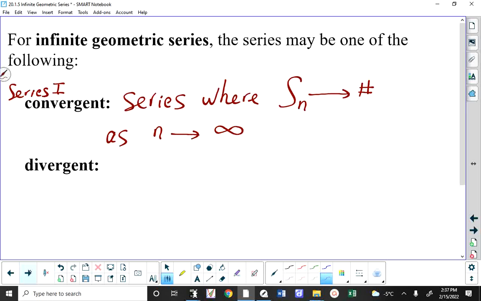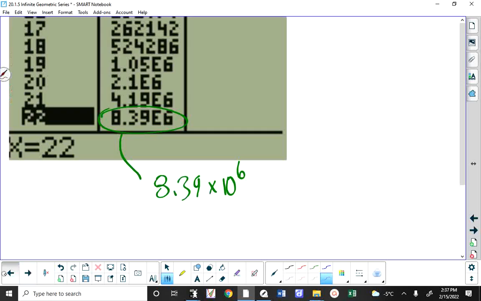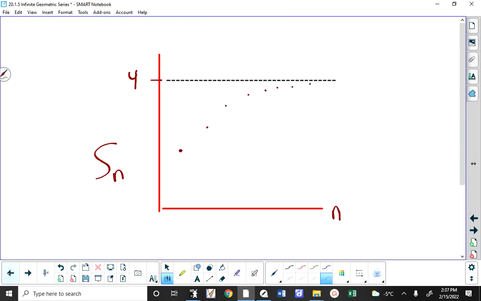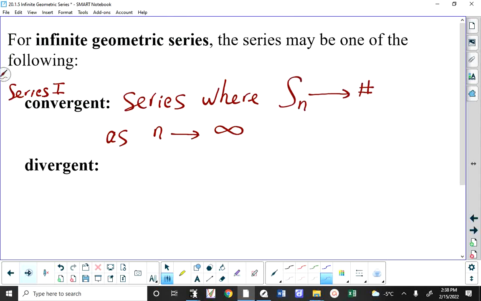For example, if you have cars driving on a 4-lane highway and that 4-lane highway turns into a 2-lane road, those cars converge. They come together. And if you take a look at this diagram I've shown you, you can see that the sum is converging. It's getting closer and closer to some number. So that's a way to remember it.